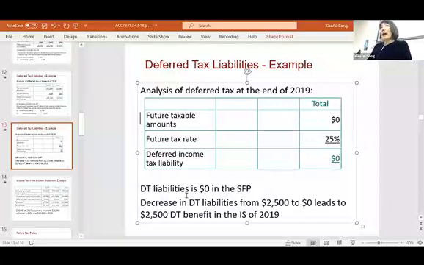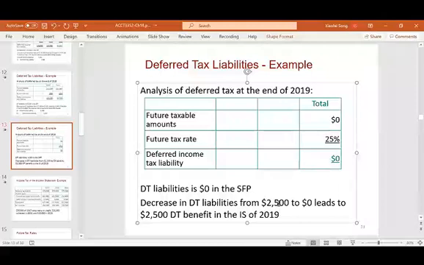So to achieve that, it's not do nothing. To achieve that, we have to remove the 2,500 that is in there. So we need to decrease deferred tax liability from 2,500 to 0, which will lead to a 2,500 deferred tax benefit in the income statement of 2019.